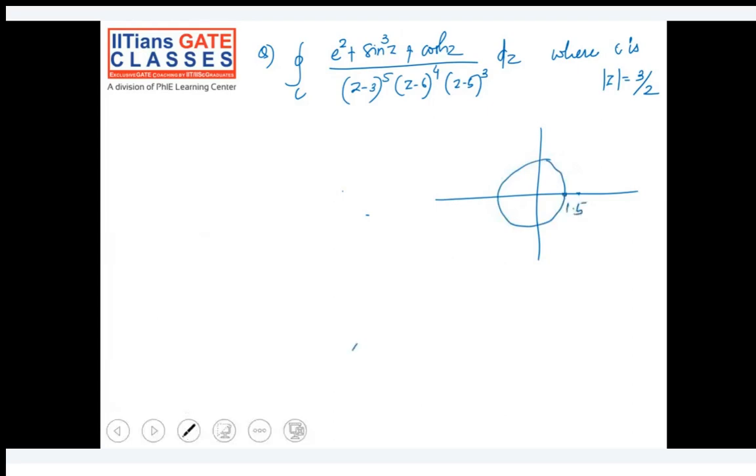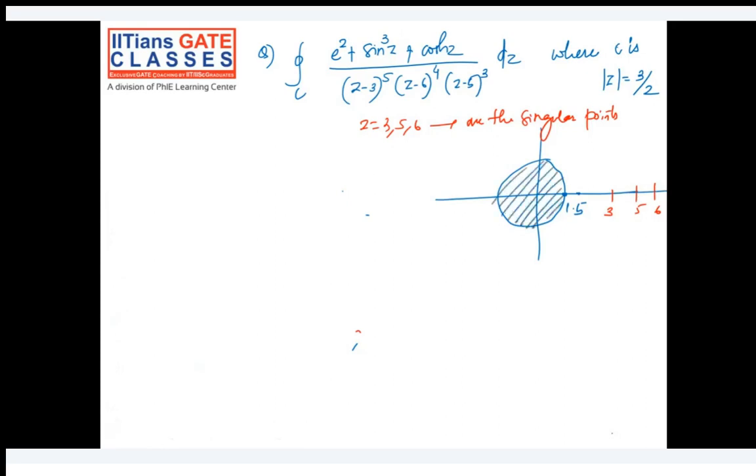The singularity points are z equal to 3, 5, 6. So basically, we don't have any singular point within or on the closed curve C. Do you agree?